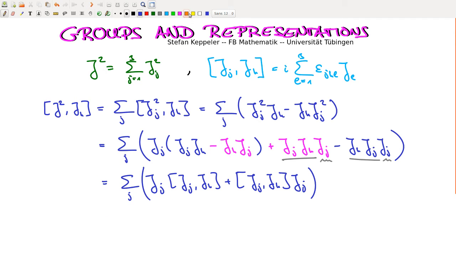Good, and now we can use the Lie algebra relations here, which means we get a double sum, let's say j and l, and now we have an epsilon_jkl, and here we have the J_j, and from this one here we get the epsilon and the J_l, and actually this i, which I almost forgot. So there is an i here and a J_l here. And similarly for the second term, it's an epsilon_jkl, but this time it's J_l J_j, the other order.